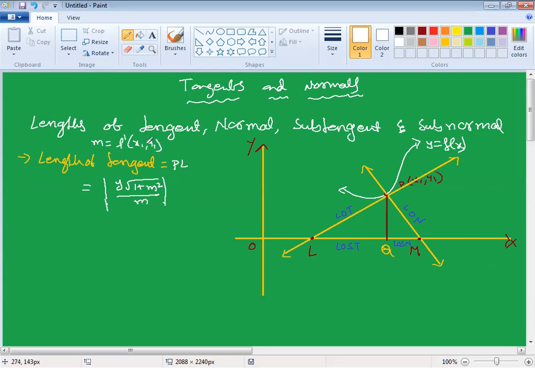Means at that point we need the slope, that is m. And y is clearly the curve y equal to f of x. So this is the formula to find the length of tangent.